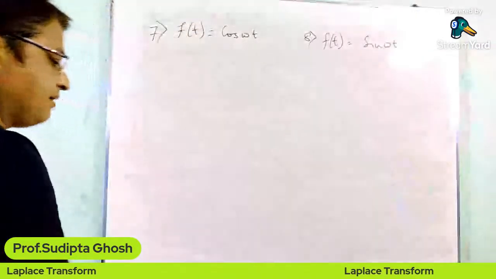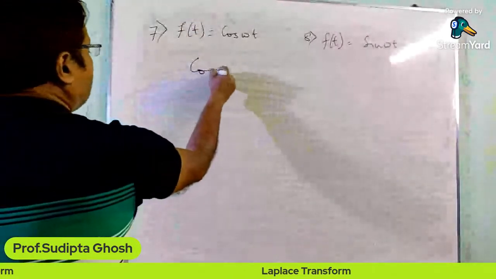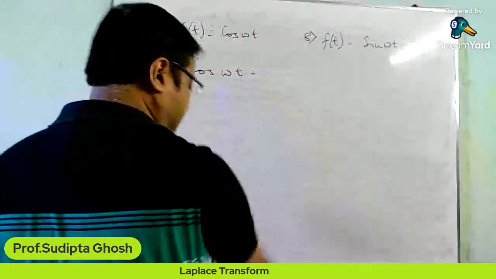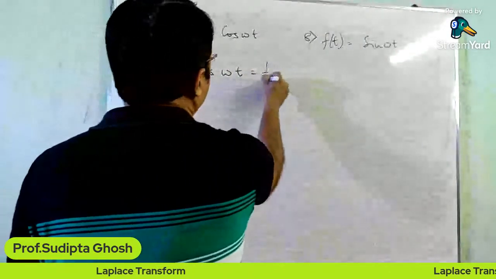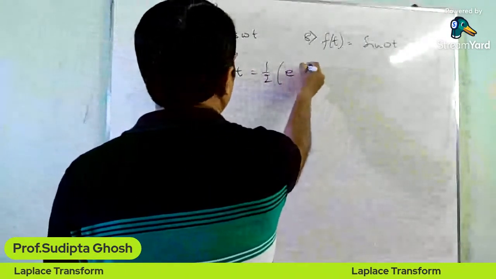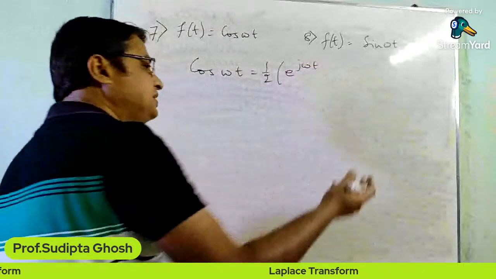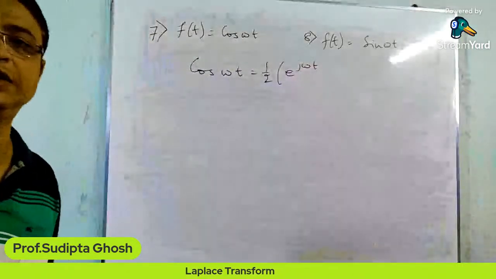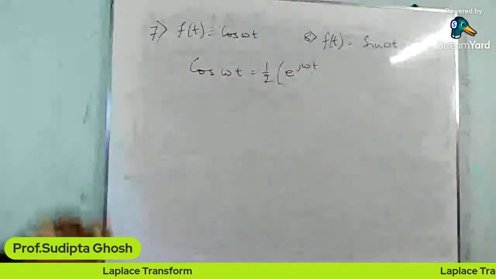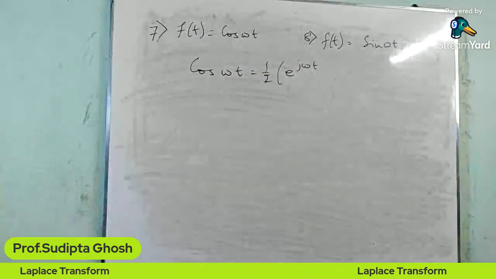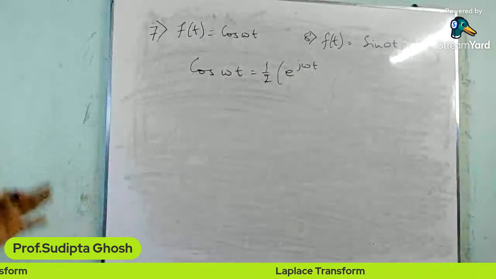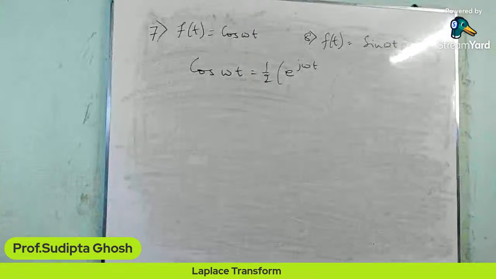We have cos omega t. We can write it as half of e to the power j omega t plus e to the power minus j omega t. What is the expansion of e to the power j omega t? That is cos omega t plus j sine omega t.